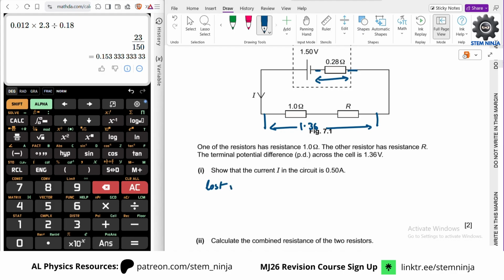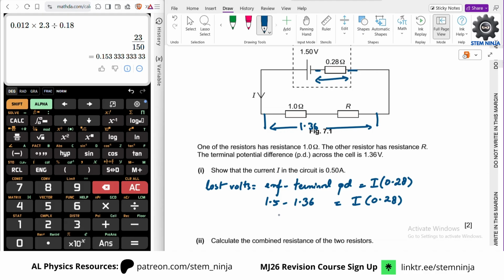So lost volts is your EMF minus terminal PD, and that is I times 0.28. So 1.5 minus 1.36 volts equals I times 0.28.